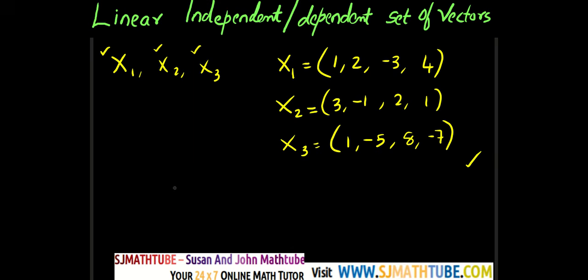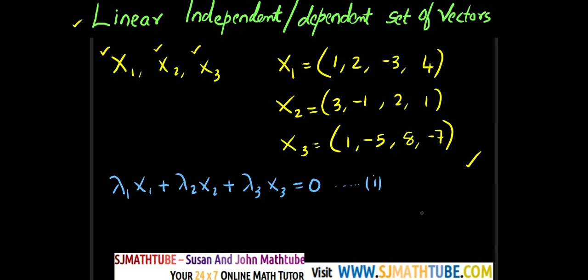So shall we start? As I told you before, whenever you get a question related to linear independence or dependence of vectors, the first thing to do is write, if possible, lambda 1 x1 plus lambda 2 x2 plus lambda 3 x3 is equal to 0. Call it equation number 1.